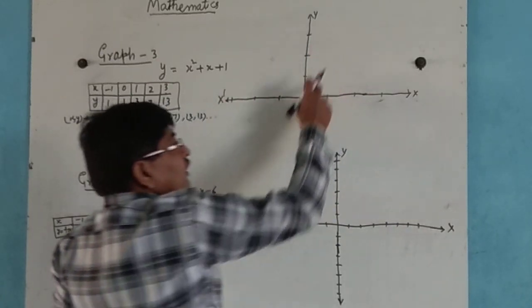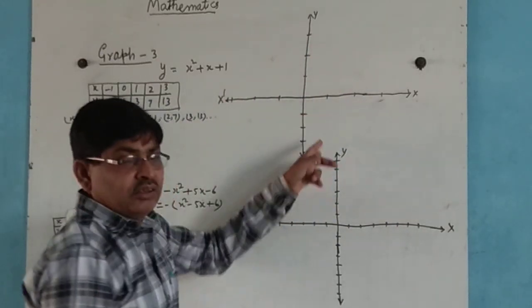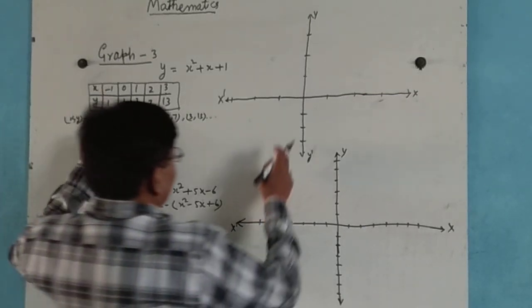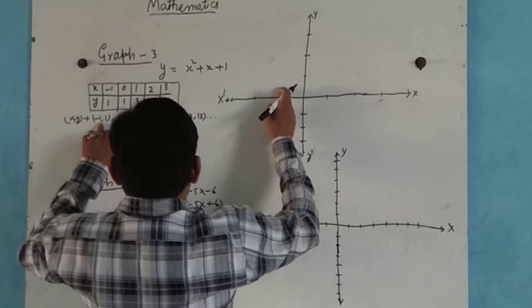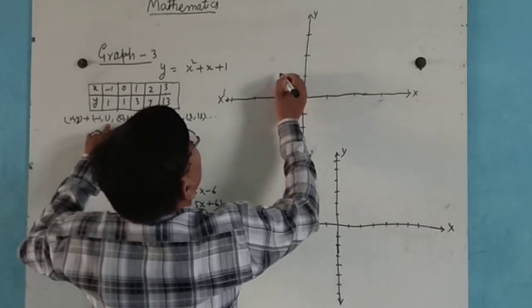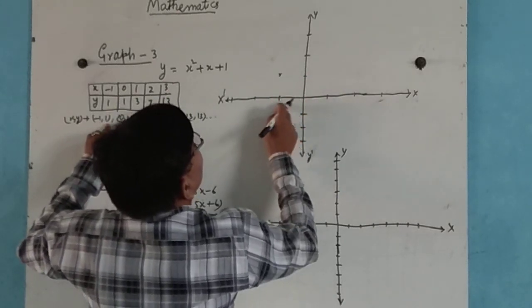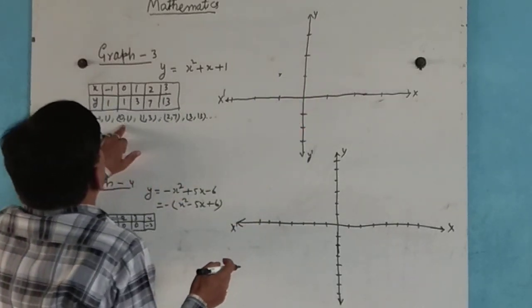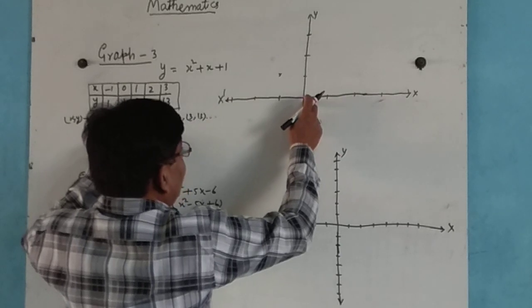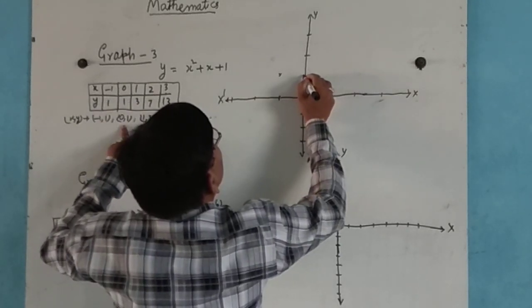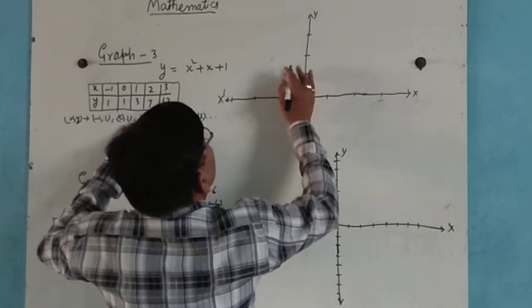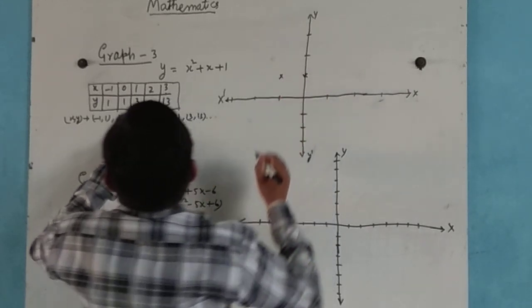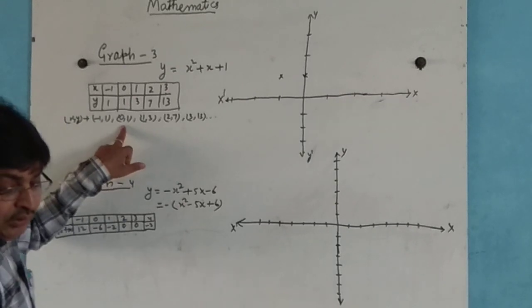In the up direction, that is positive, and in the down direction, that is negative. We plot the point -1, 1, then 0 and 1.